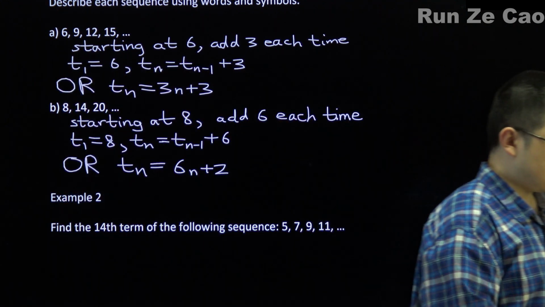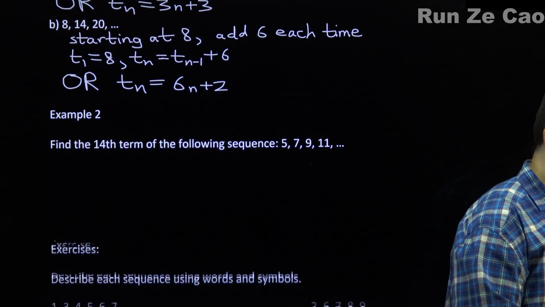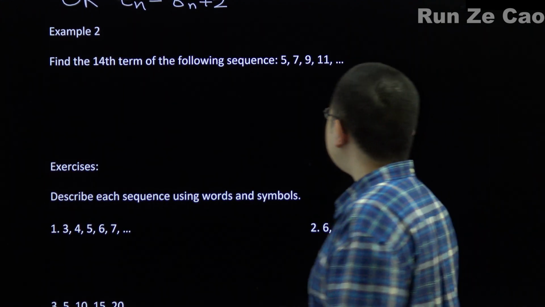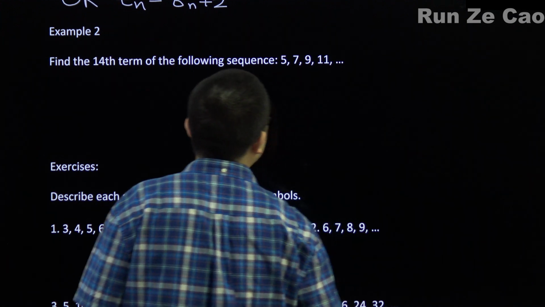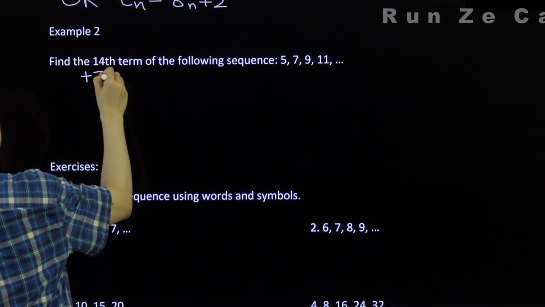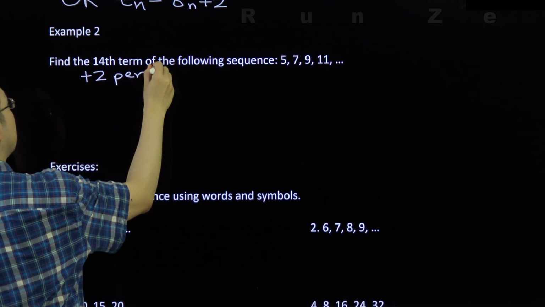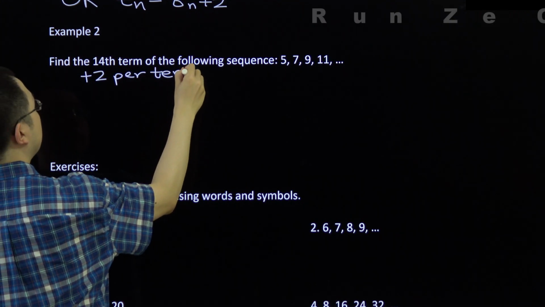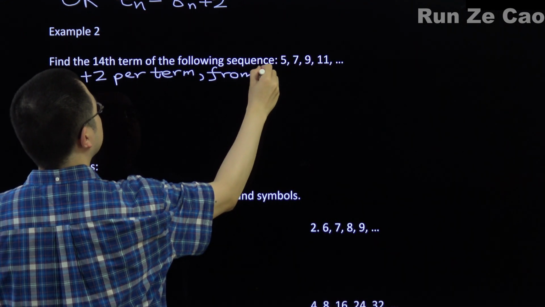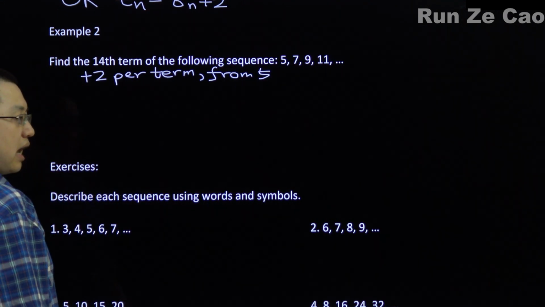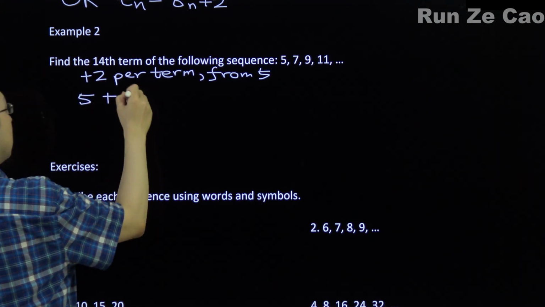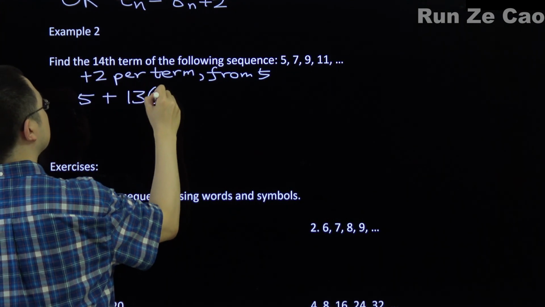All right, example 2. Find the 14th term of the following sequence. 5, 7, 9, 11. Well, we see that it's plus 2 per term from 5. Now, to get to the 14th term is going to be 5 plus 13 times 2.